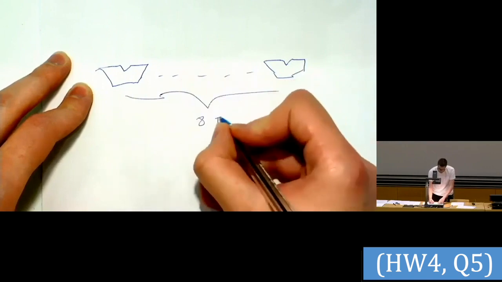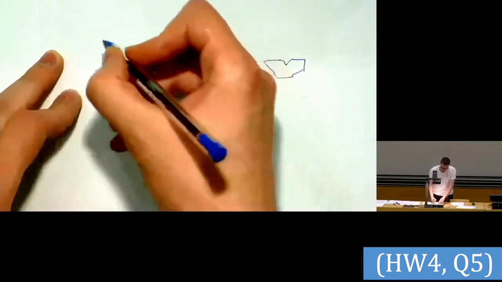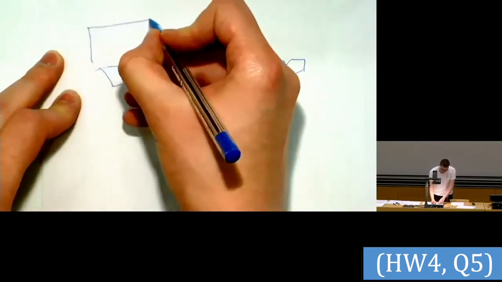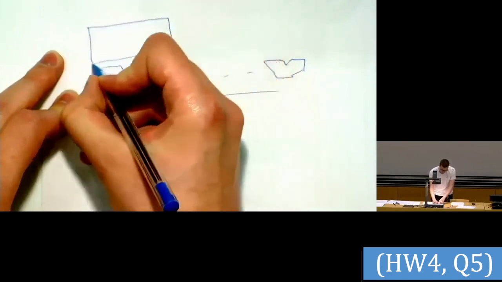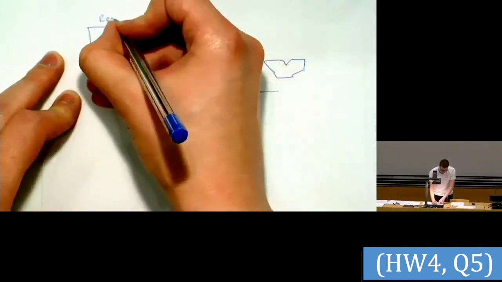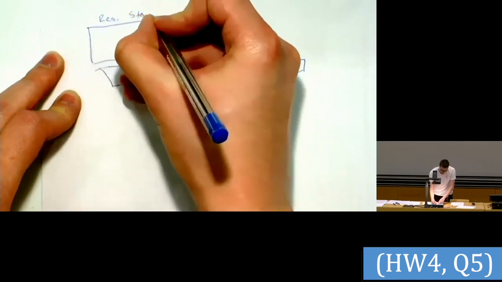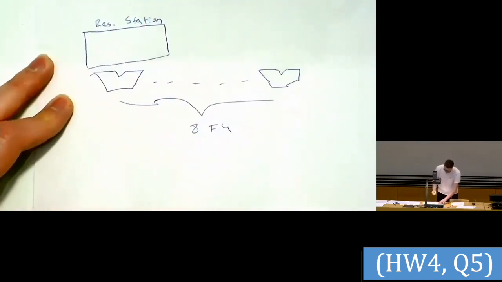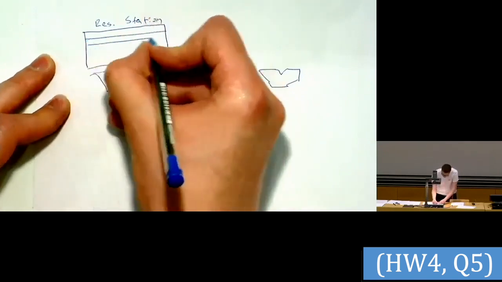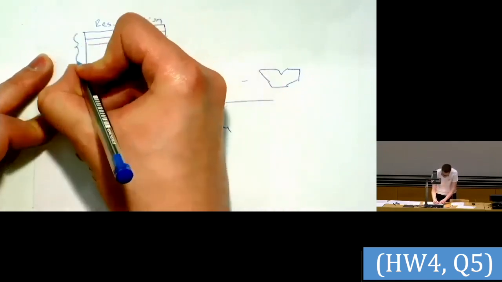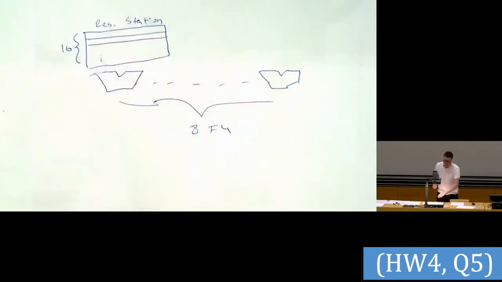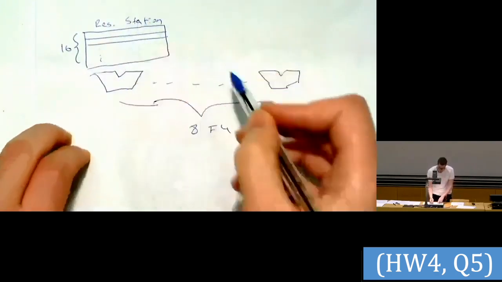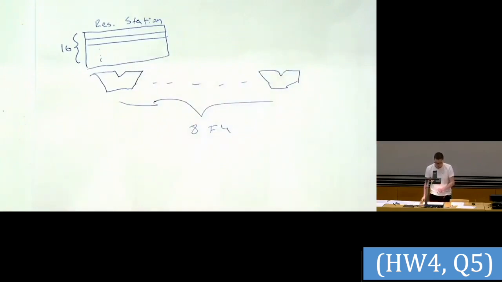You have 8 functional units in total, and each functional unit will have its own reservation station, with 16 entries per reservation station. There are as many reservation stations as functional units, right? So this is what the question told us so far.